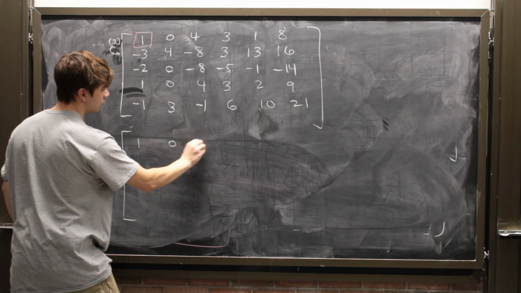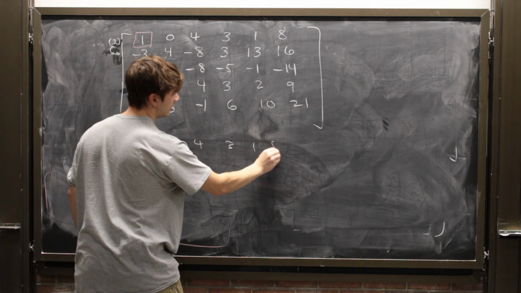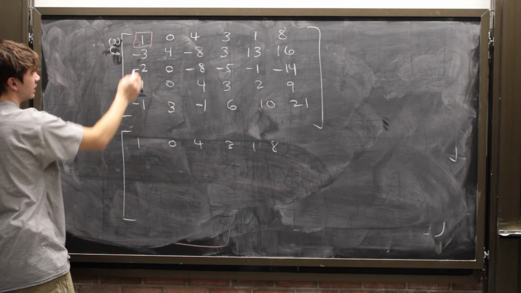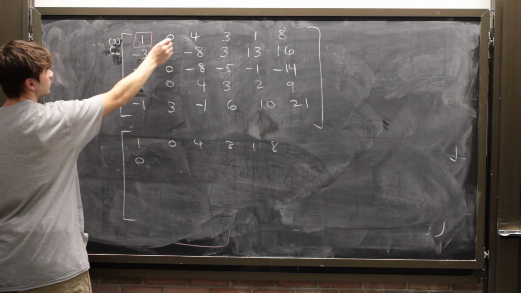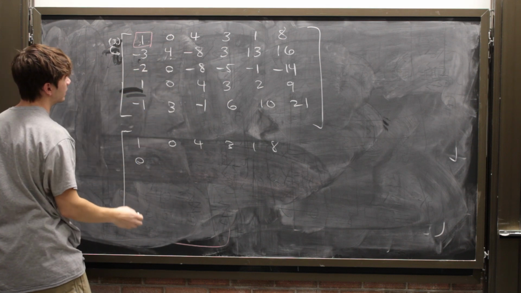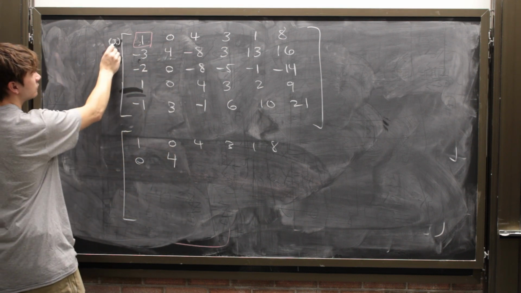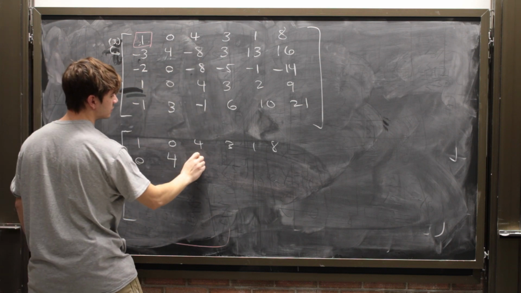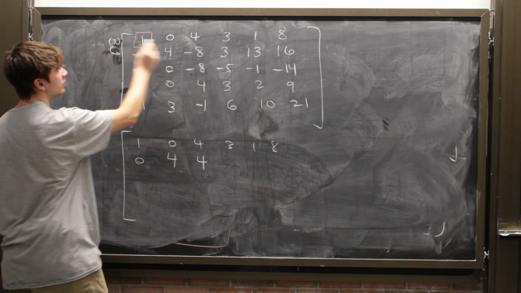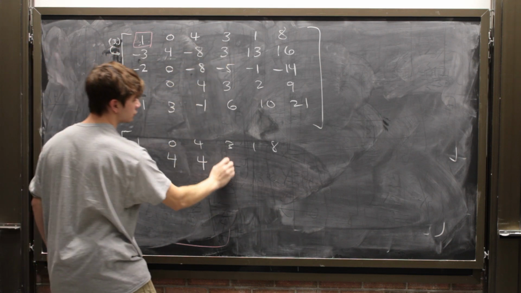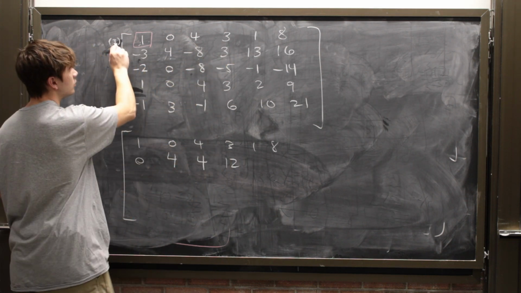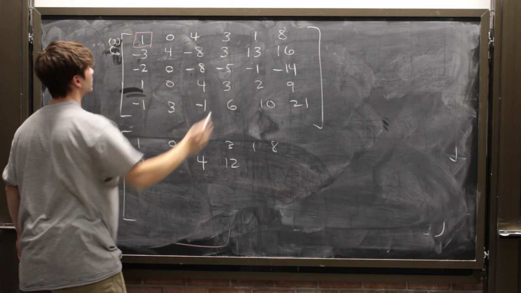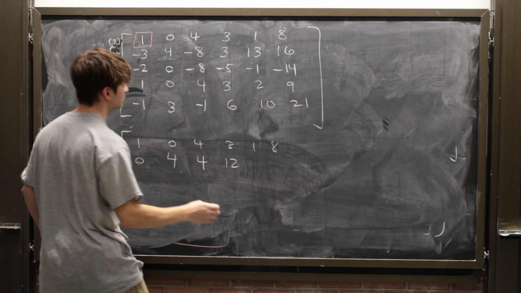So we have 1, 0, 4, 3, 1, 8. 3 times 1 is 3, added into the negative 3 is 0. 0 times 3 plus 4 is 4. 4 times 3 is 12, minus 8 is 4. 3 times 3 is 9, plus 3 is 12. 3 times 1 is 3, added into the 13 is 16.